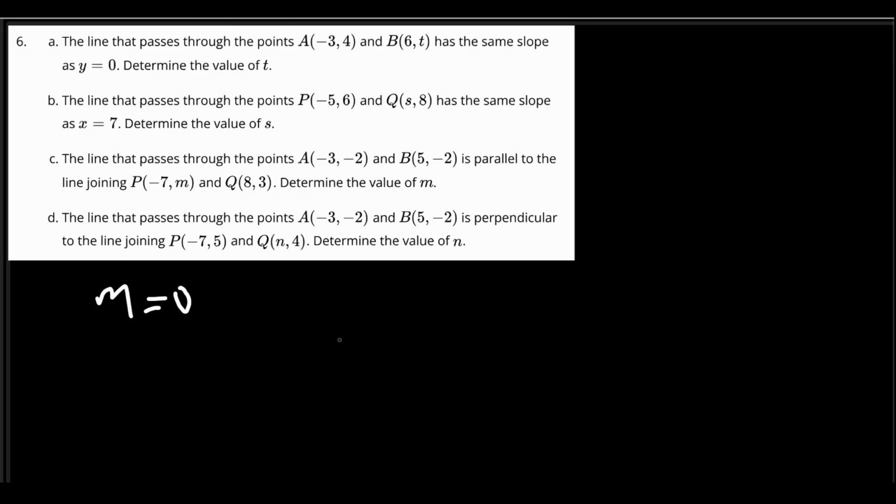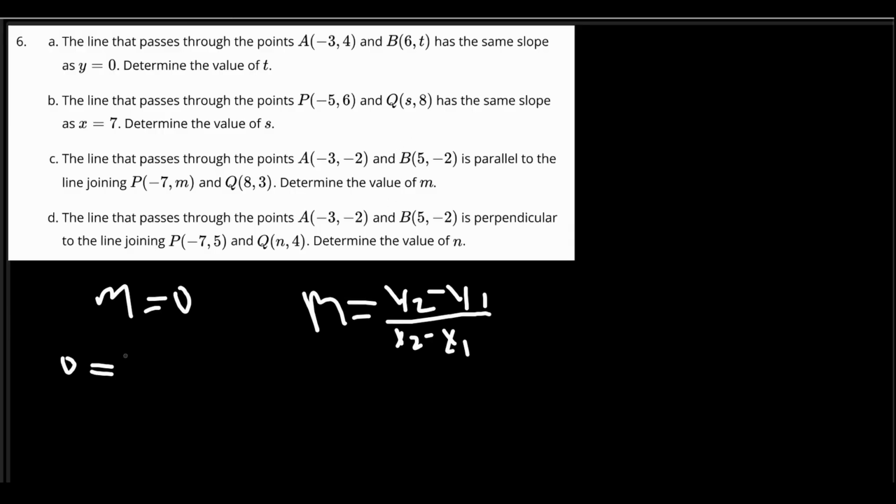With these two points given to us, we can use the slope formula: slope is equal to y2 minus y1 over x2 minus x1. We plug in our slope, 0, and use our points for y2, y1, x2 and x1.